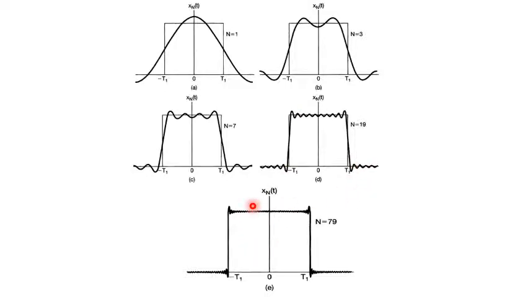So in all the figures around the discontinuity, he observed there are ripples. He started increasing the number of coefficients, but he observed that as the number of coefficients was increased, the peak amplitude of the ripple did not seem to decrease.